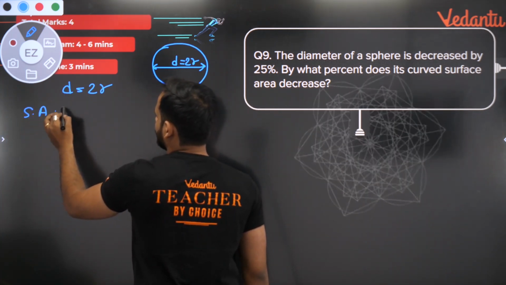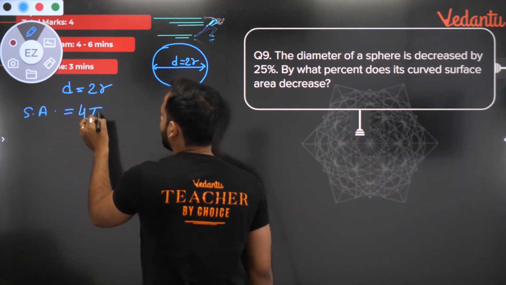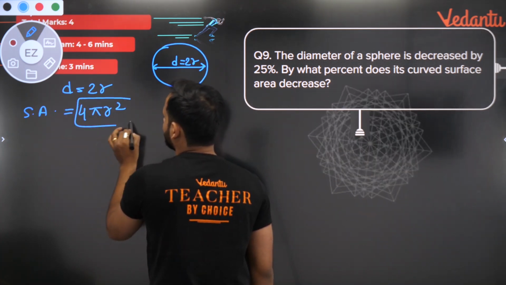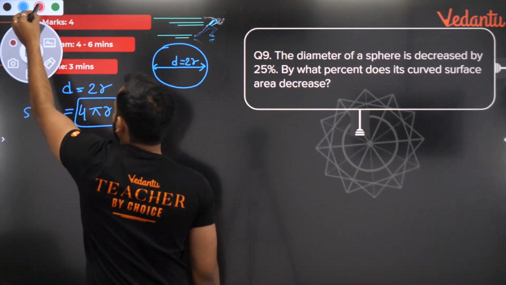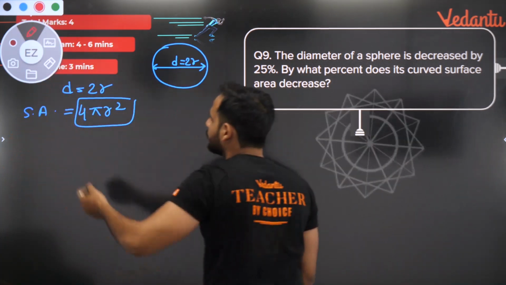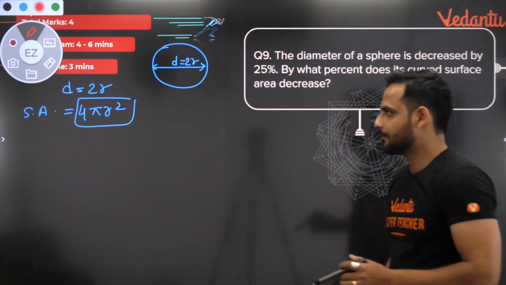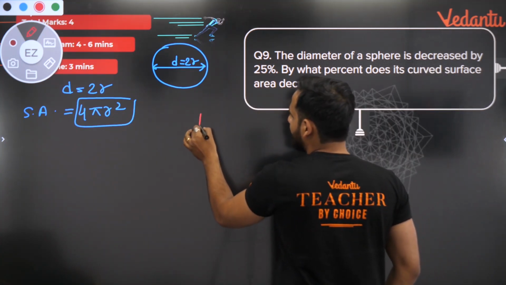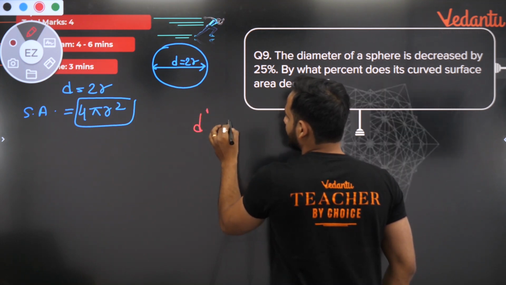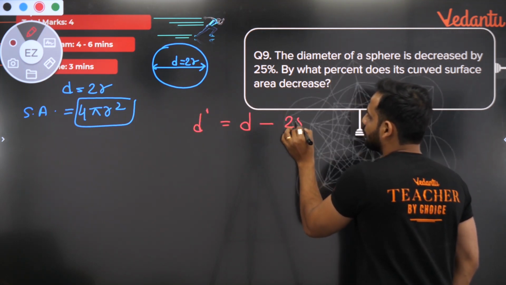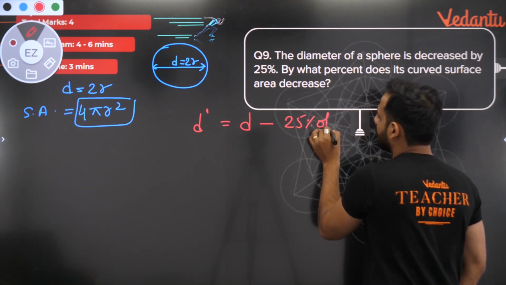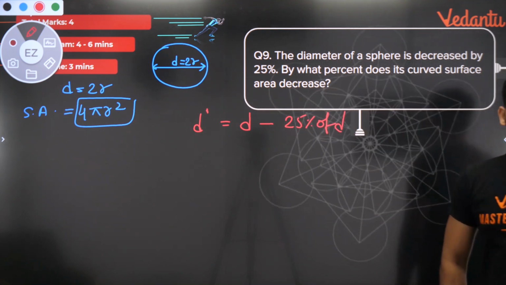So surface area for a sphere is equal to 4 pi r square. In the first case. Now in the second case, what have we done? We have reduced the diameter by 25%.